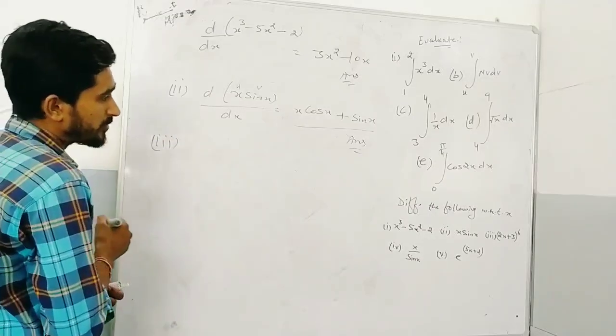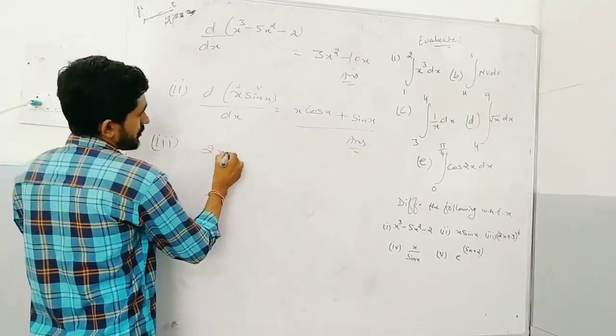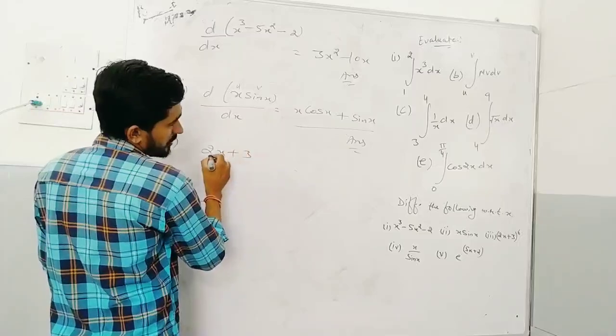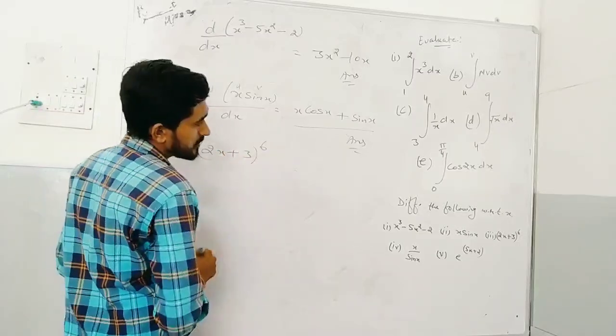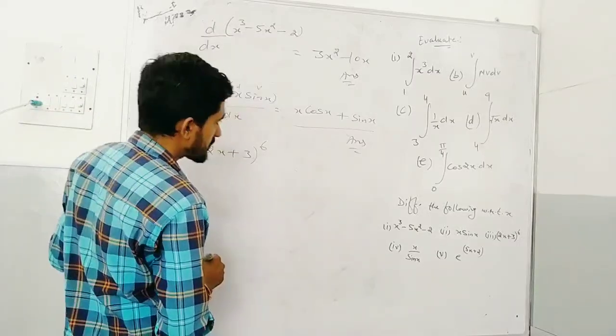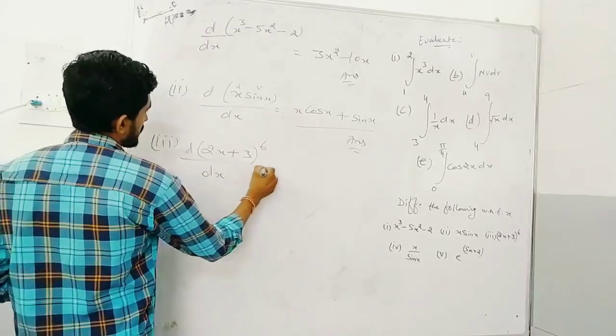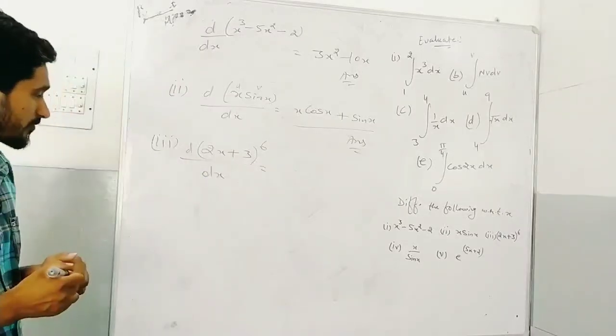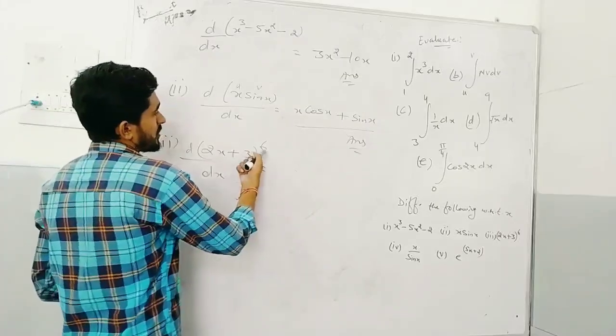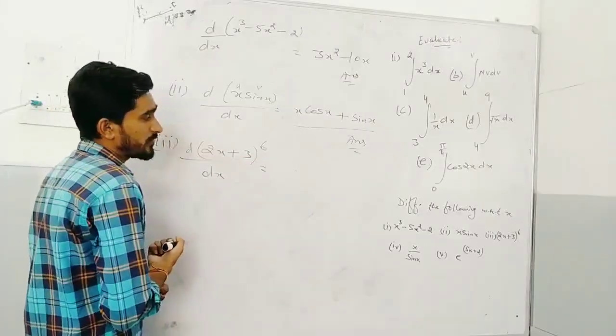Third part. For the third part we have 2x plus 3 raised to the power 6. Okay, d upon dx, find it. Now first we have to do the differentiation of the power.